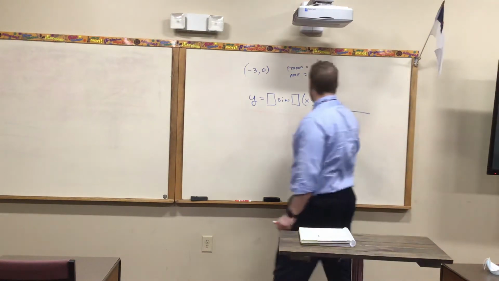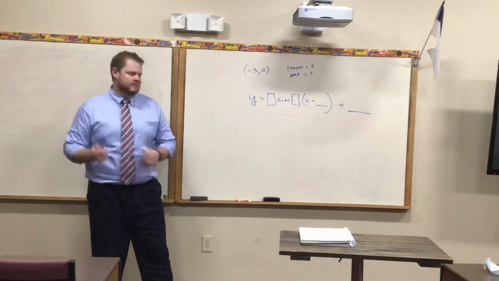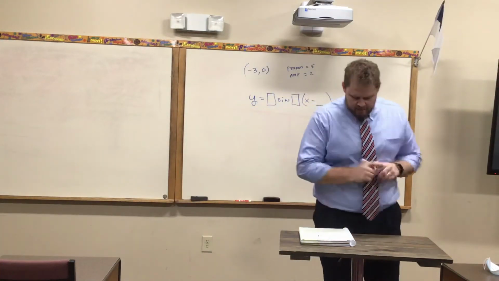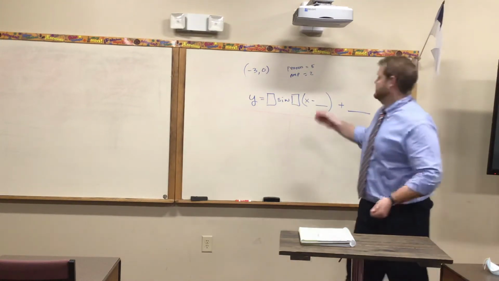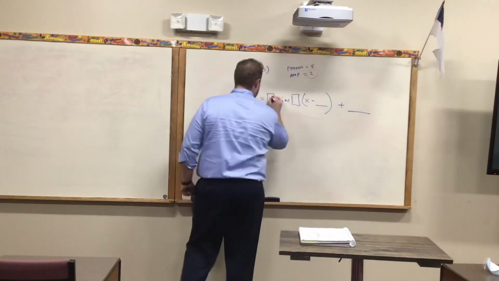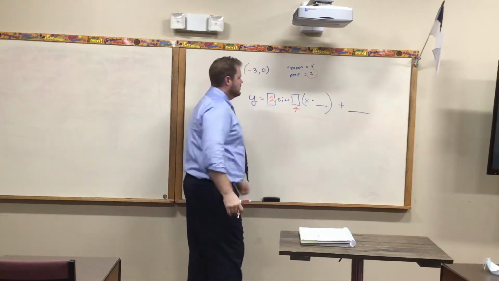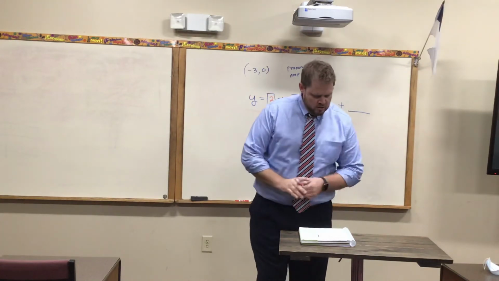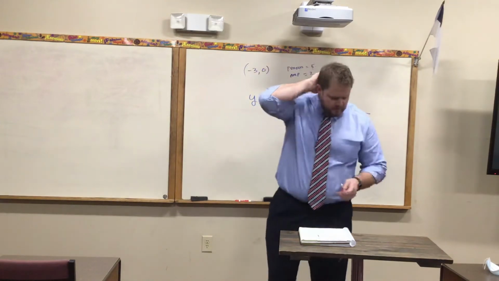I'm sorry, this should be minus. Okay, why is that minus? Because it's the opposite. Anything in the parentheses is always opposite. So that's where I might have confused you. Hopefully I didn't confuse you. Now, where's our amplitude? Amplitude's easy. Plug that in here. This is our period. So if the period is 5, do we just throw 5 in? No, because really what's that period going to be?